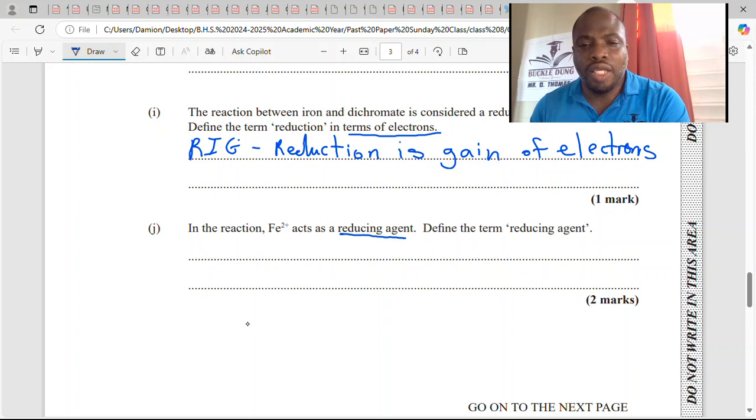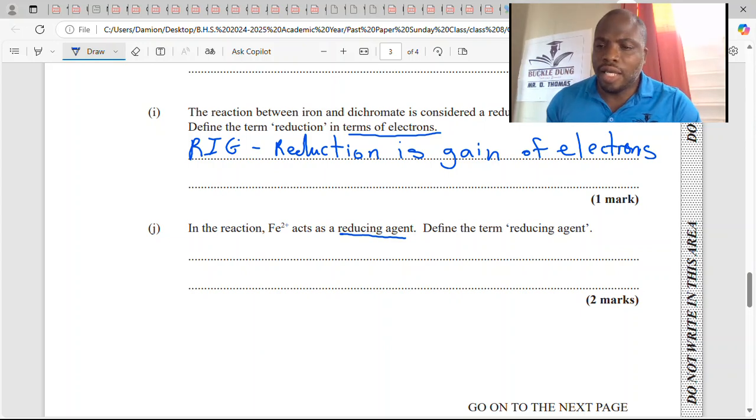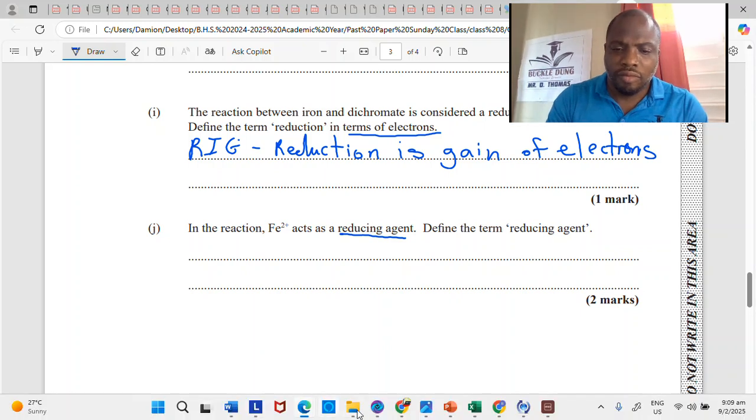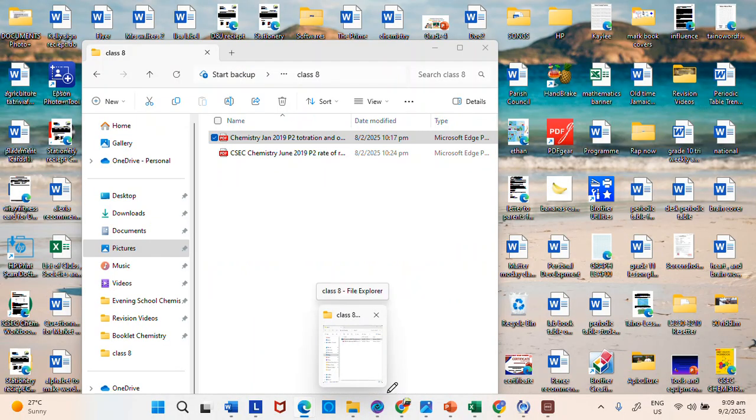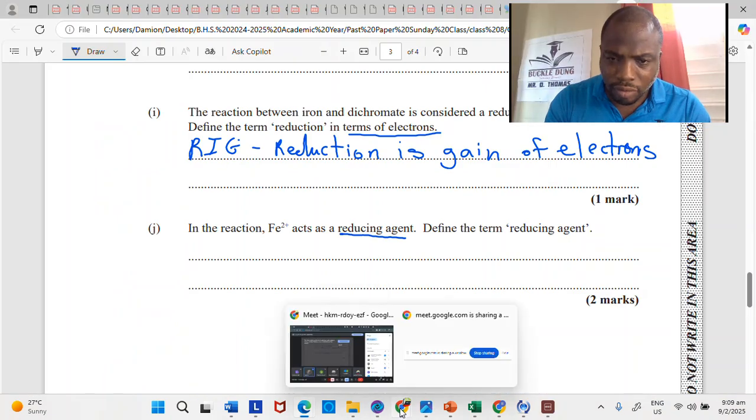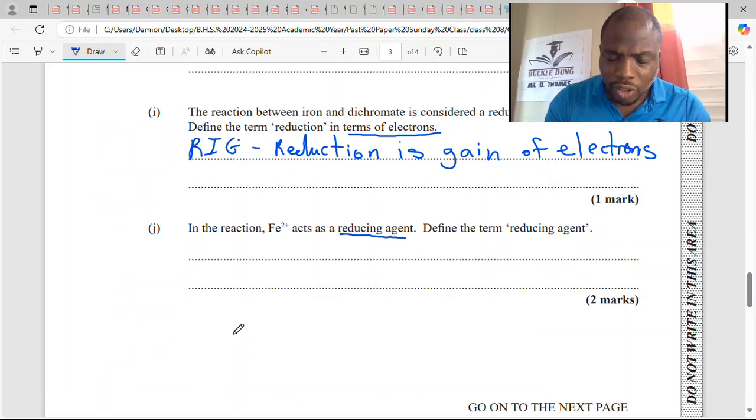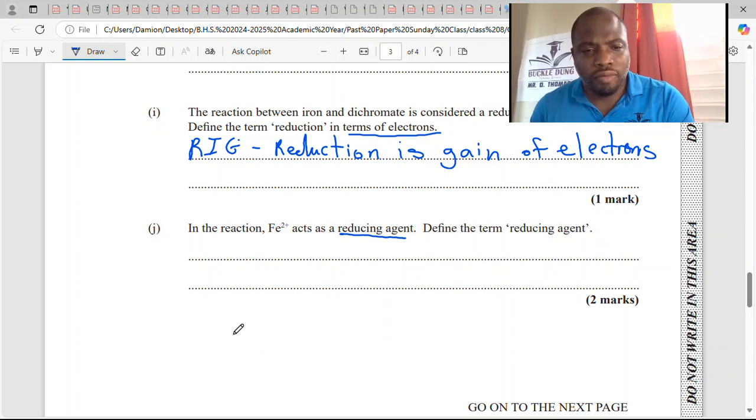So the reducing agent will cause an element in its free state to gain electrons. Beautiful.